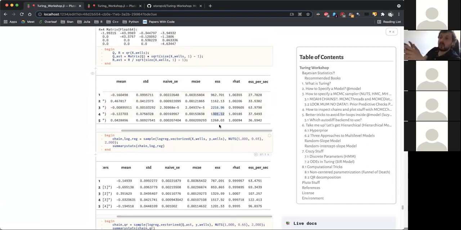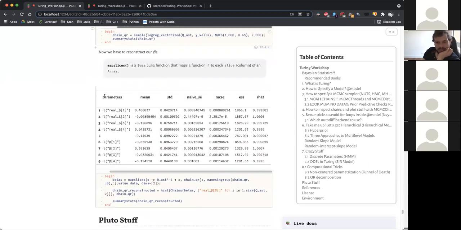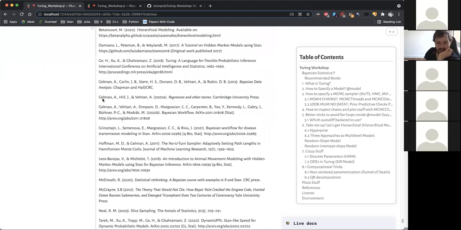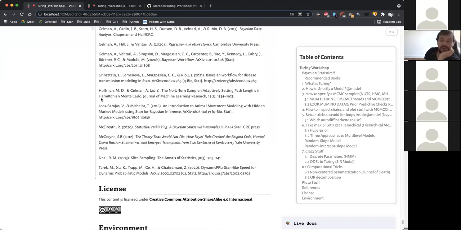So for some parameters that were correlated, we have better effective sample size if we do the QR reparameterization and then reconstruct our betas from the QR decomposition. And that's what I had for you guys. These are the references, and thanks for the opportunity to show you Turing, and thanks to the Stuttgart Julia Group, and also to Julien for the opportunity.